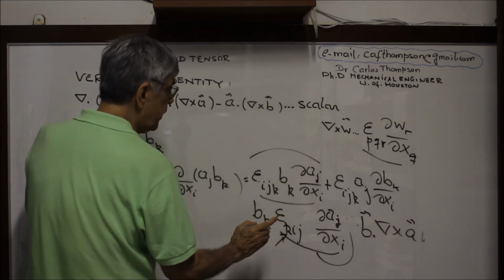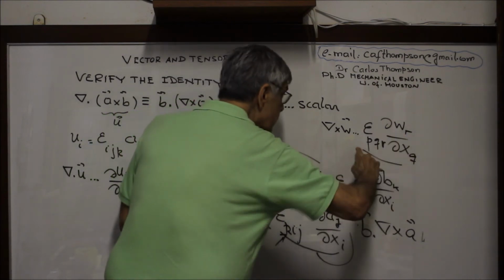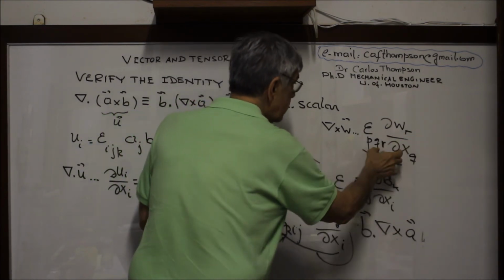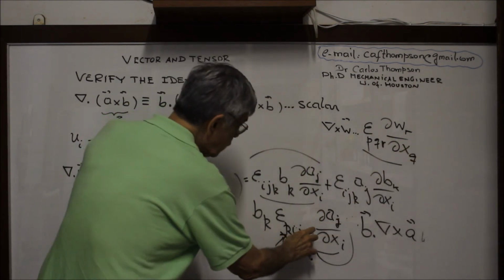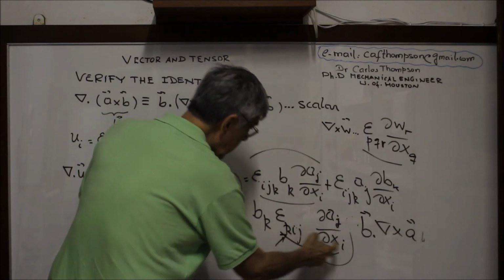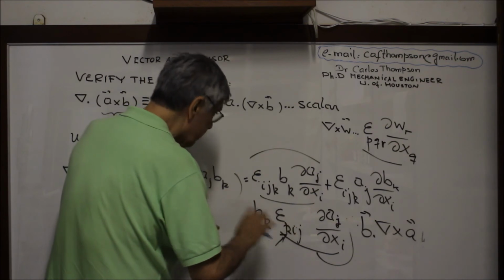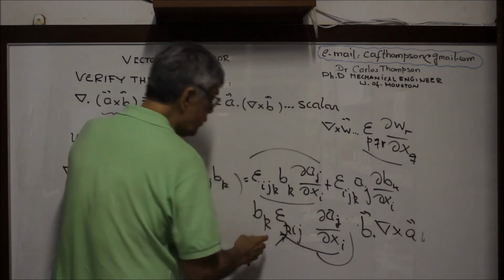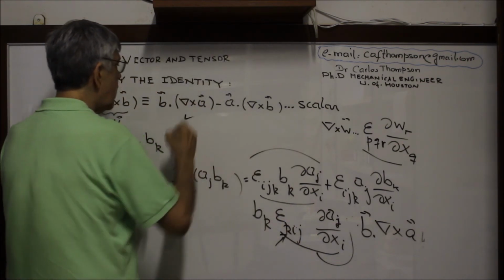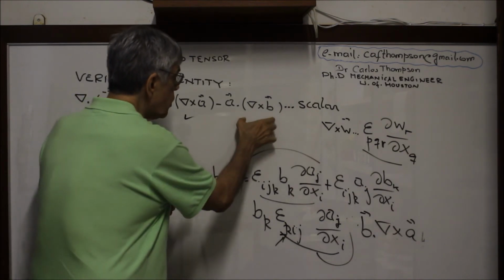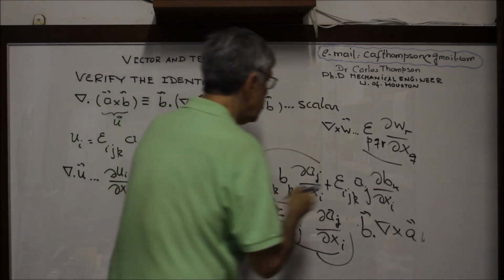See how easy? R goes there and Q goes there, so J goes there and I goes there. And epsilon ijk is the same as epsilon kij. So I got this. Now let's work on this part.